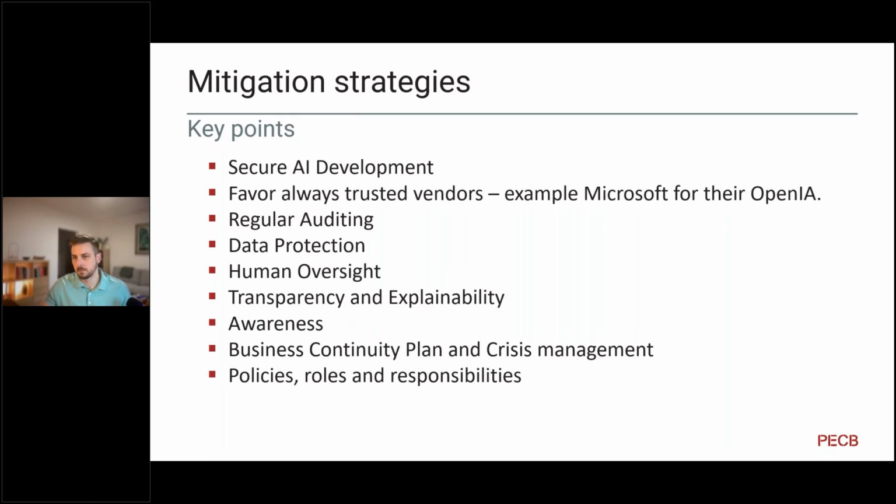So you can refer, of course, to the standards and best practices. For example, we talked about OWASP, which is very useful in this case. You will put thorough testing and validation in place also, like for any other model, and you can put this kind of best practices and strategy in your AI development pipelines.